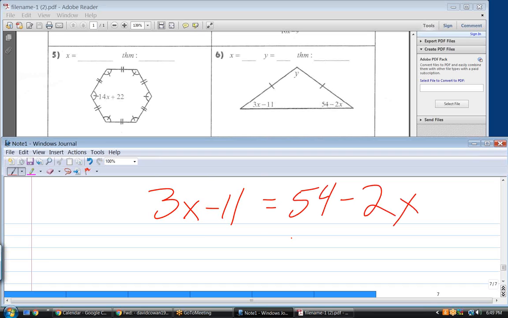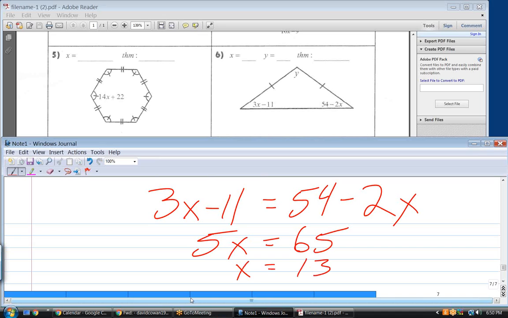Now solve that. We could add 2x to both sides, so we get 5x minus 11 is equal to 54. Then we would add 11, so 5x is equal to 65, and then x would be equal to 13.